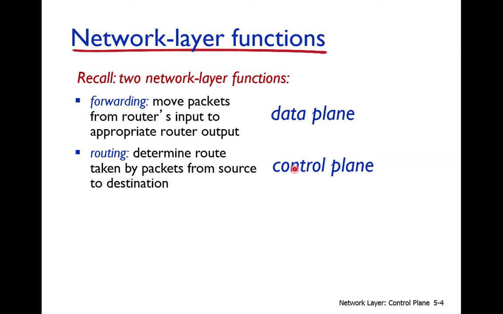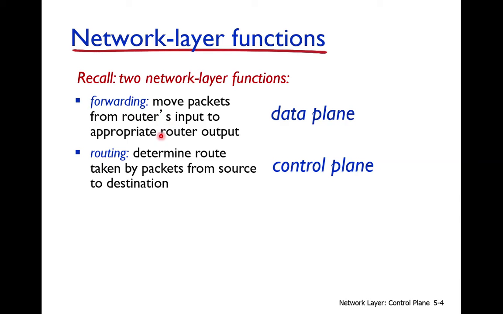So actually the control plane is controlling the movement of data packets. Once the route is computed, then the packet is forwarded. That is, the packet is moved from the source node to the first router, from the first router to the second router, till it reaches the destination host. So forwarding means moving the packet from the router's input port to the appropriate router output port.